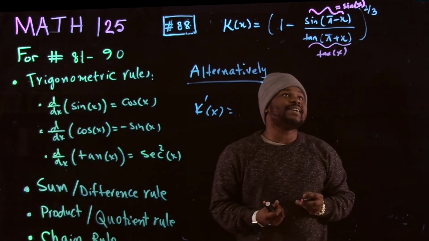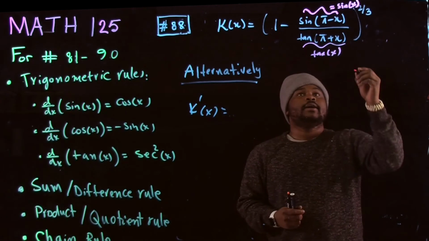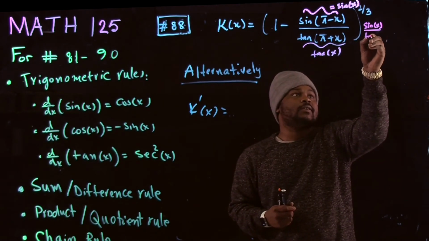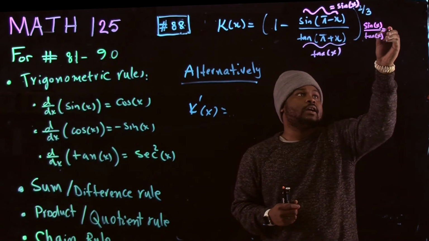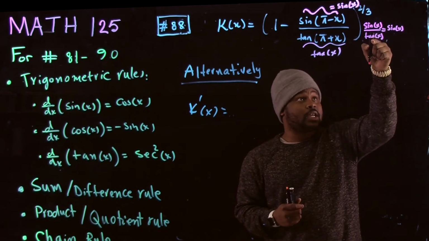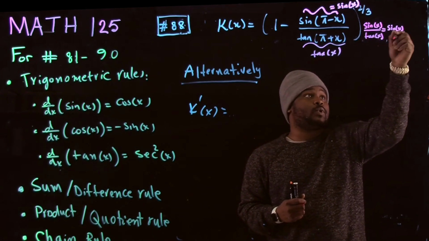Okay, you might say, well, sine of x over tangent of x, how is that easy? And the moment we realize, well, sine of x over tangent of x, I can write it as sine of x times, I know tangent is sine over cosine, but I have 1 over, so the reciprocal of that.